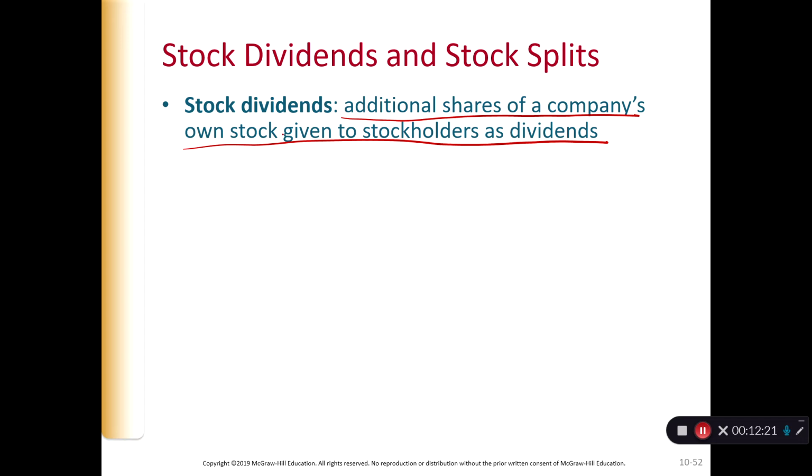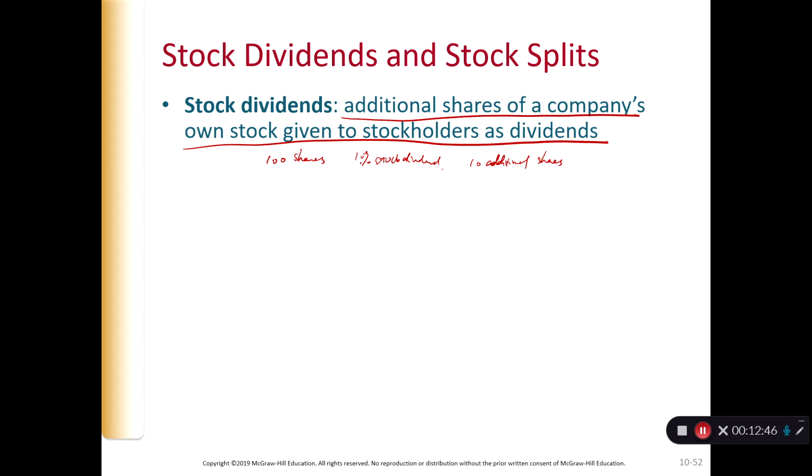If you own, say, 100 shares of the stock, and assuming you have a 10% stock dividend, then you will get 10 extra shares at the end of the year. That's called a small stock dividend.